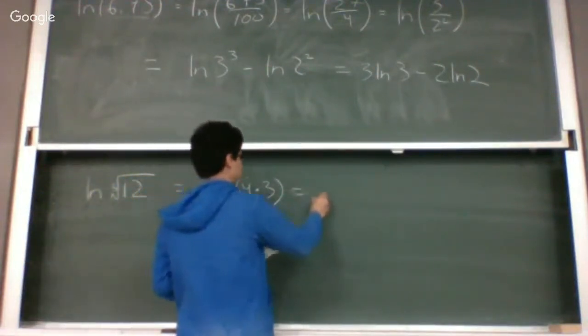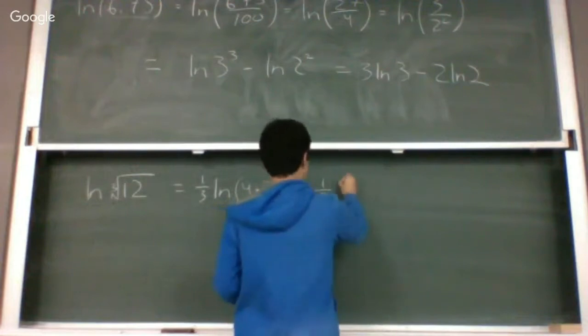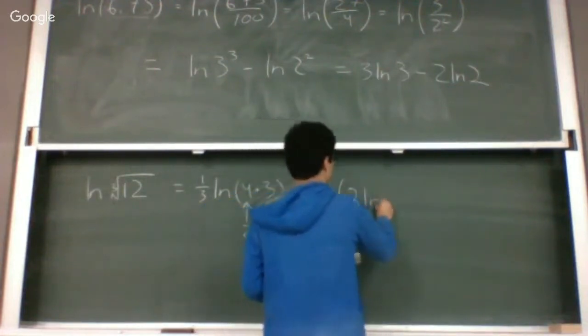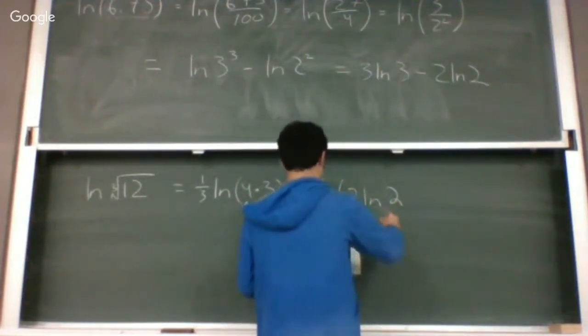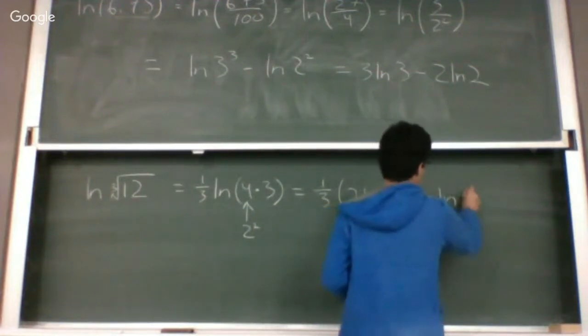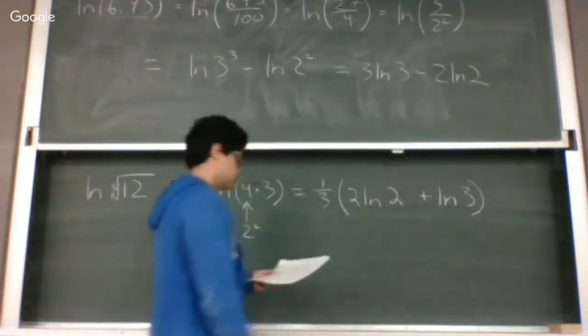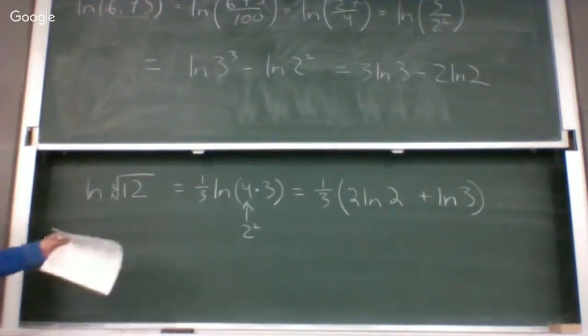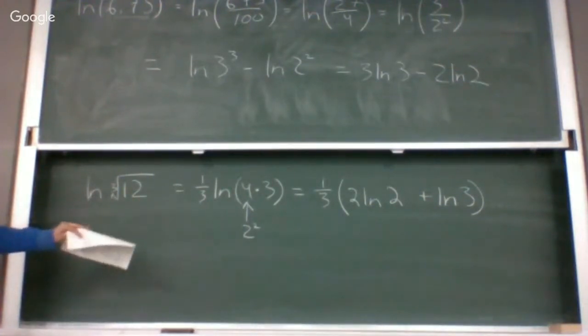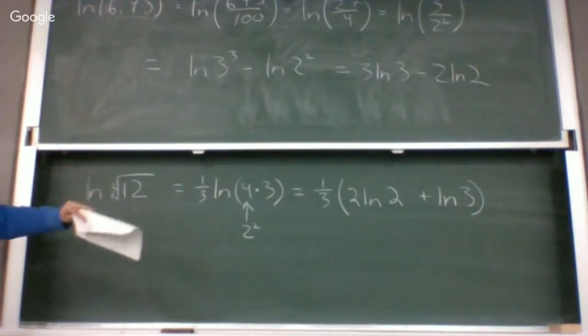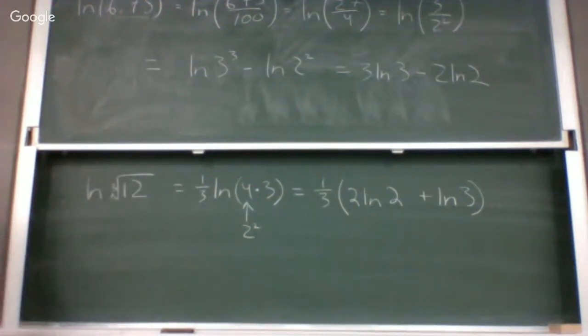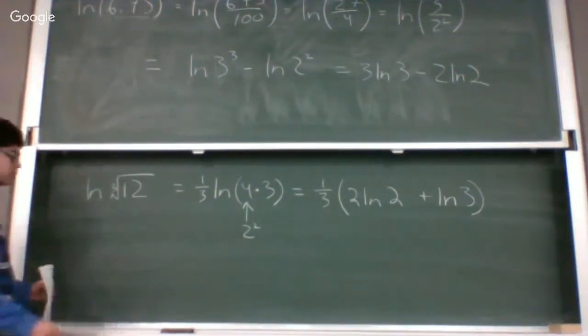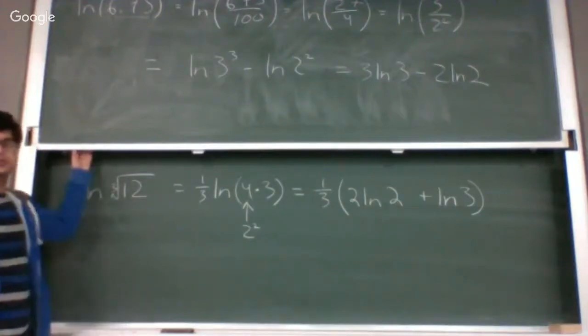So this can be simplified to 1/3 times (2 natural log of 2, because we brought the exponent down, plus the natural log of 3). And those should be easy points for you guys. They just use the basic rule of bringing the exponent down, addition, and multiplication, those properties. Good?